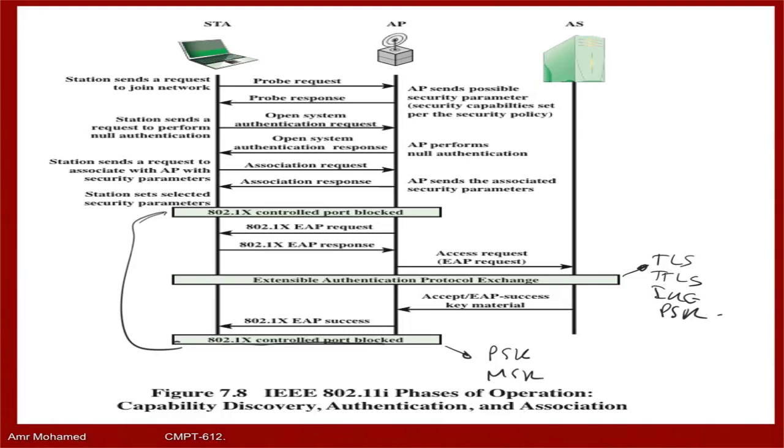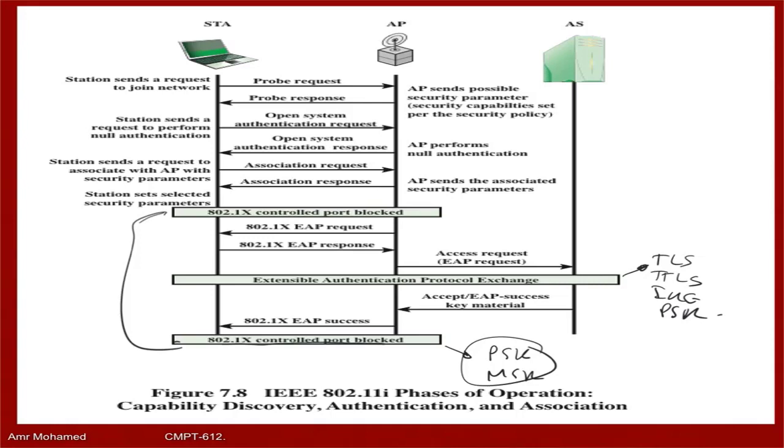We are done with the authentication, but we have to go through another phase. Once we come up with these, are we done? We have to go through a phase, another phase, which is... No, authentication is done from both sides.